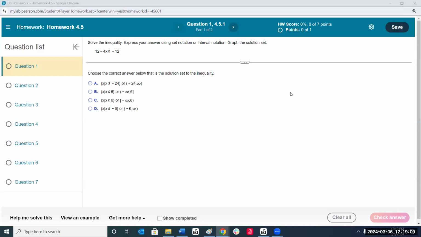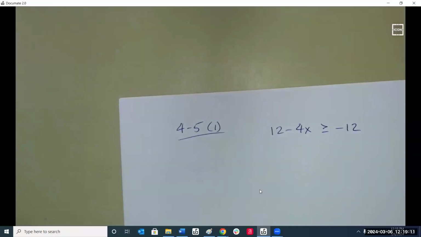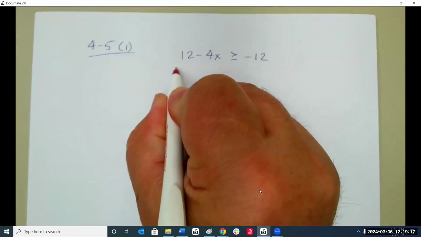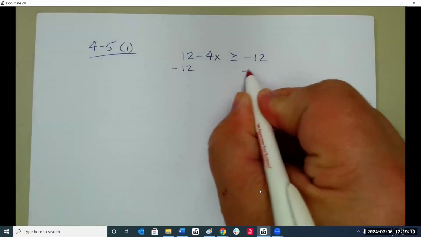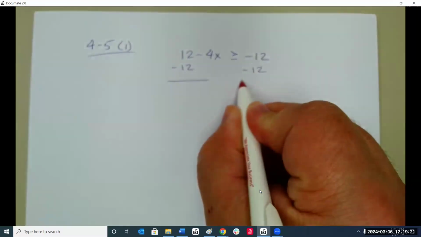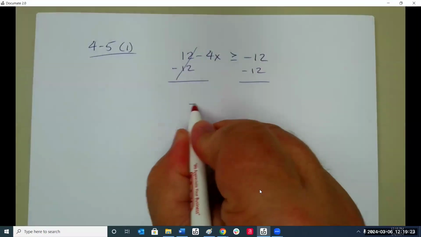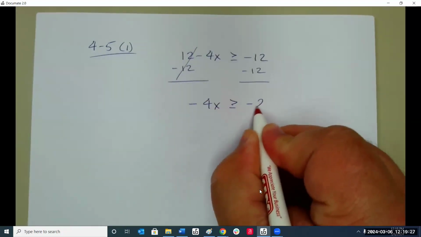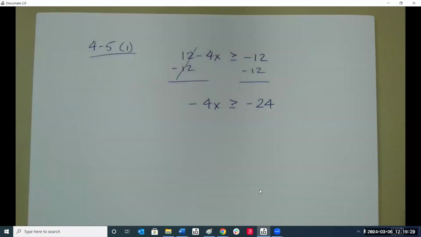It's the same way you do equal signs. Subtract 12 from both sides first. -24. What's the next step?